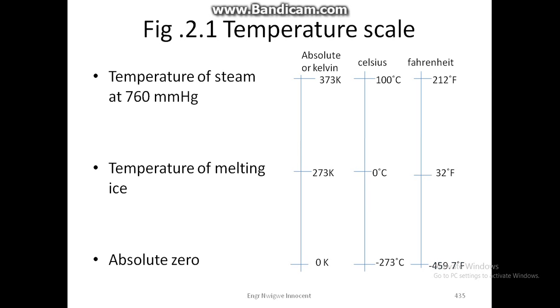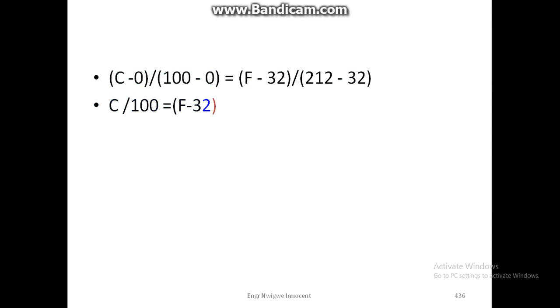459.7 Fahrenheit. The relationship between Celsius and Fahrenheit. Celsius minus 0 all over 100 minus 0 is equal to Fahrenheit minus 32 all over 212 minus 32.